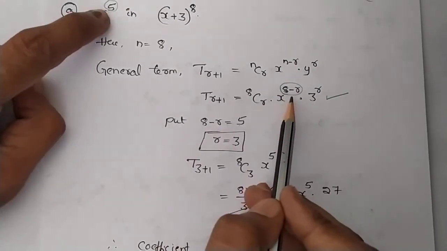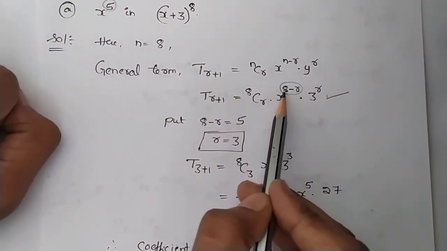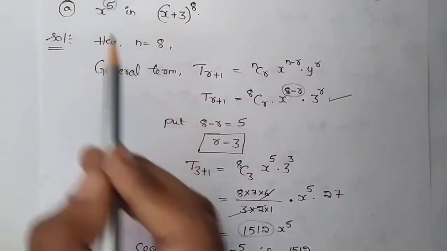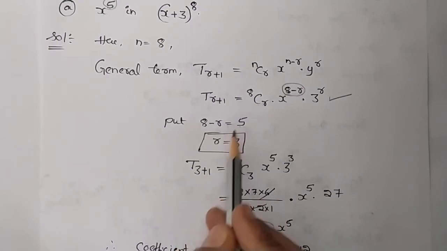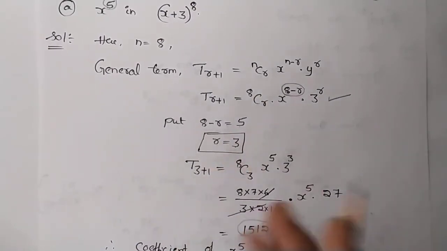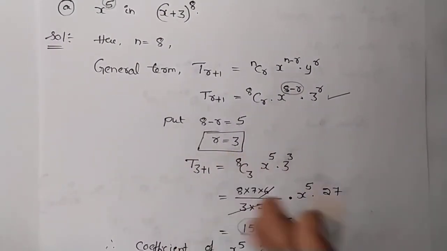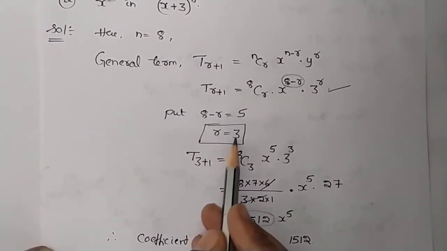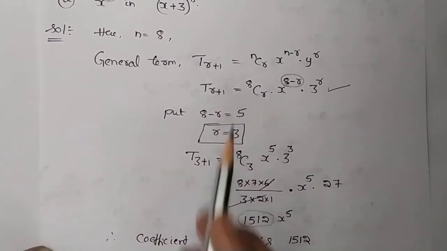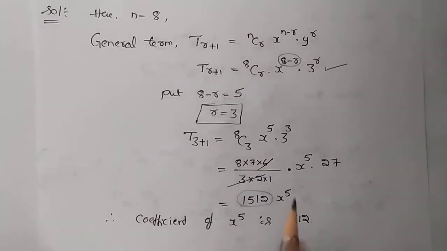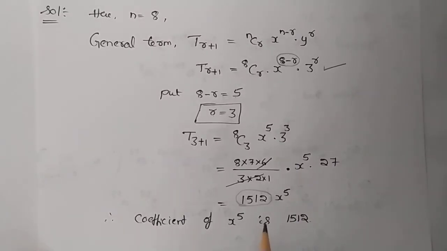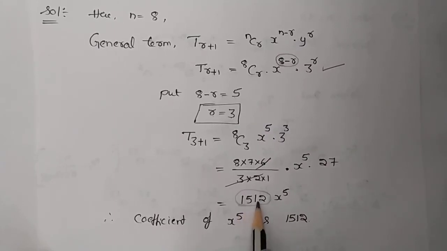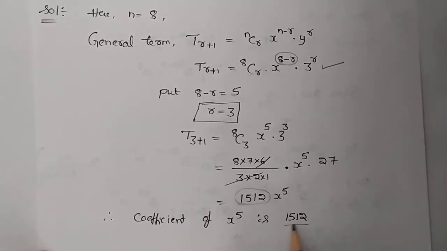Compare these two powers: 8 minus r equals 5. We get the r value as 3. Finally, we substitute this r value in the general term. After simplification, we get 1512 into x power 5. But we need its coefficient of x power 5, which will be 1512. Hence it is the conclusion.